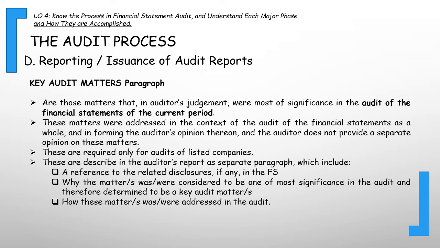Okay, and how these are addressed in the audit, we can state the auditor's procedure in validating or verifying the said revenues. Again, yung key audit matters, including yung mga significant audit findings, are communicated with those charged with governance. Okay.